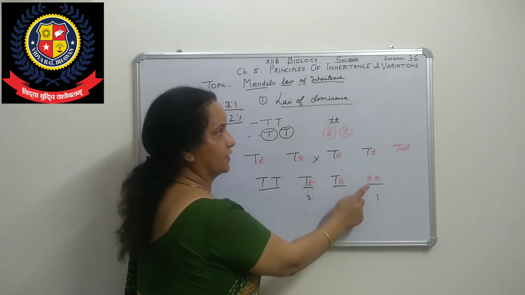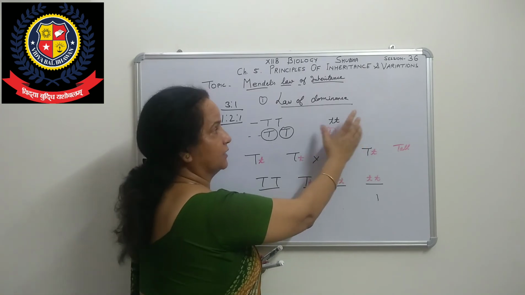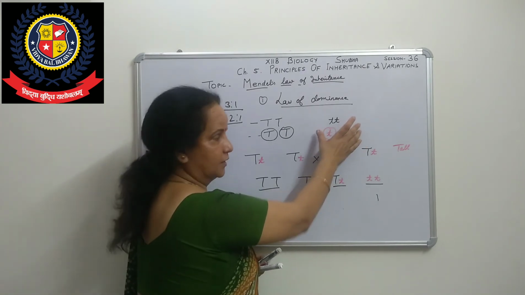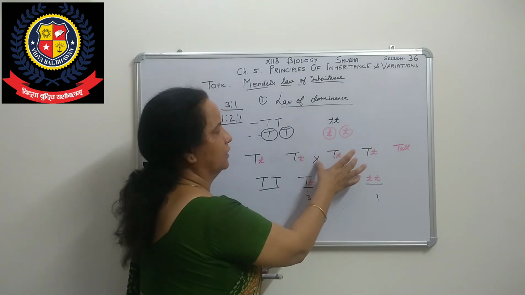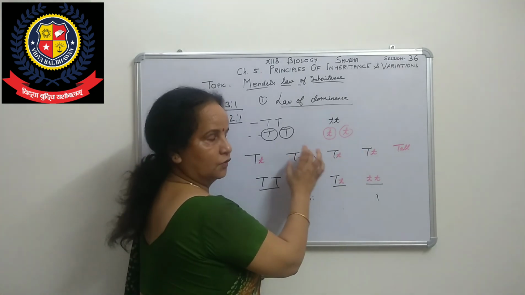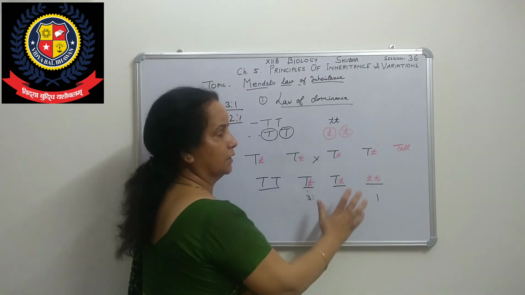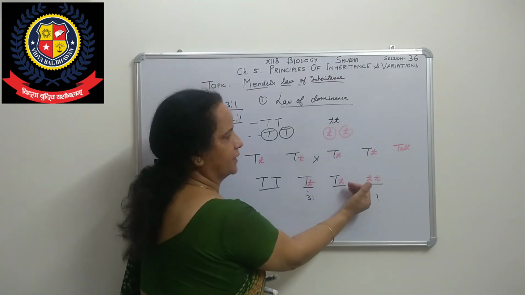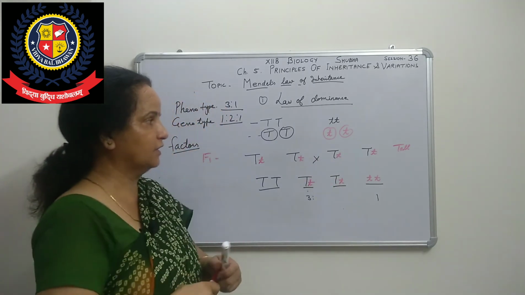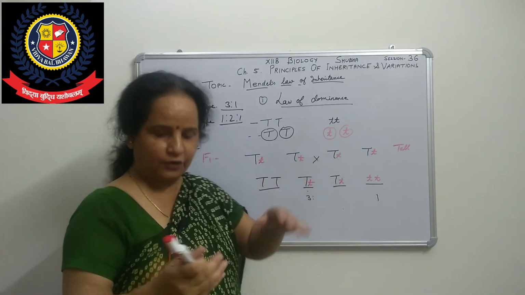The shortness is there in the parents. But in the F1 generation not a single plant is short. We see all are tall. But again that shortness gene or factor will reappear. It means there is no blending.